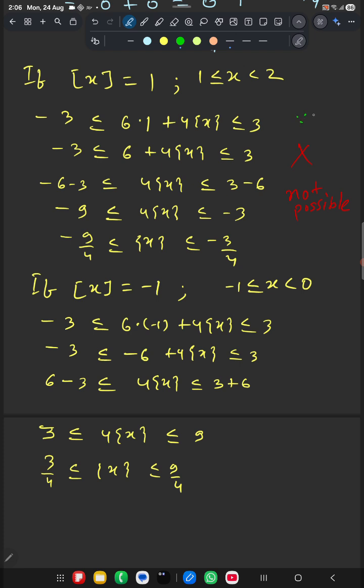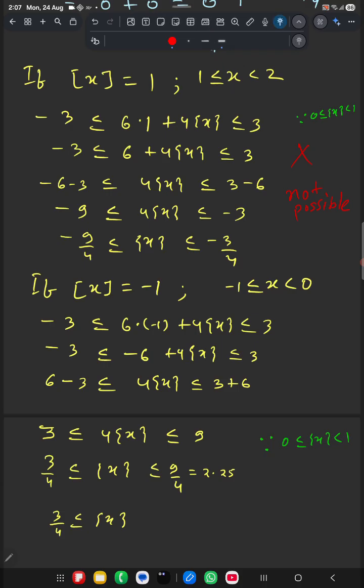Here you can write that 0 ≤ {x} < 1, so not possible. Now if we apply this condition that the fractional part is lying between 0 and 1, then you can see that for the lower limit we have no problem, but for the upper limit, this will give 4 × 2 is 8, and this time 2.25, which should be less than 1, but it is saying less than 2.25.